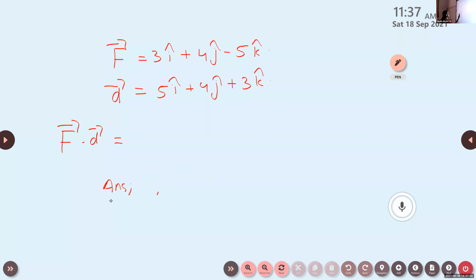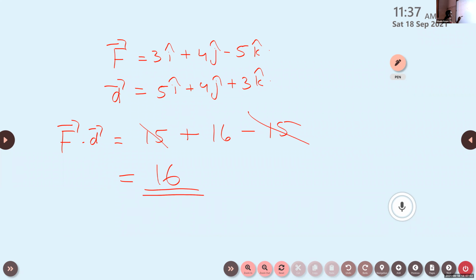Okay, anyway, we can find out here vector F dot vector D. 15 i dot i becomes 1, so 15 plus 16 minus 15. So plus 15 minus 15 cancel. So the answer is 16. The dot product of these two vectors is equal to 16.